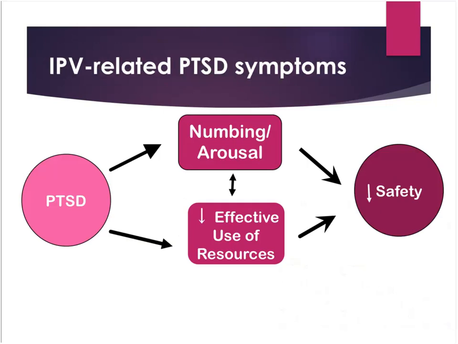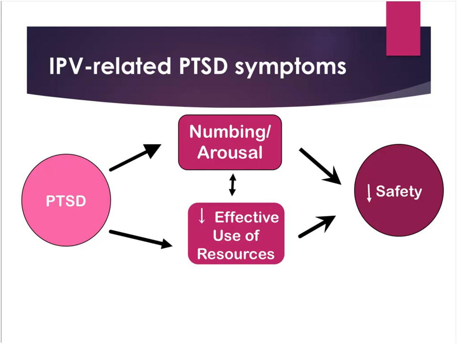So in focusing specifically on post-traumatic stress symptoms, one of the things that has become apparent in the literature is that the PTSD symptoms that women experience from the violence can actually interfere or negatively impact their ability to do what they need to do while they're in shelter.